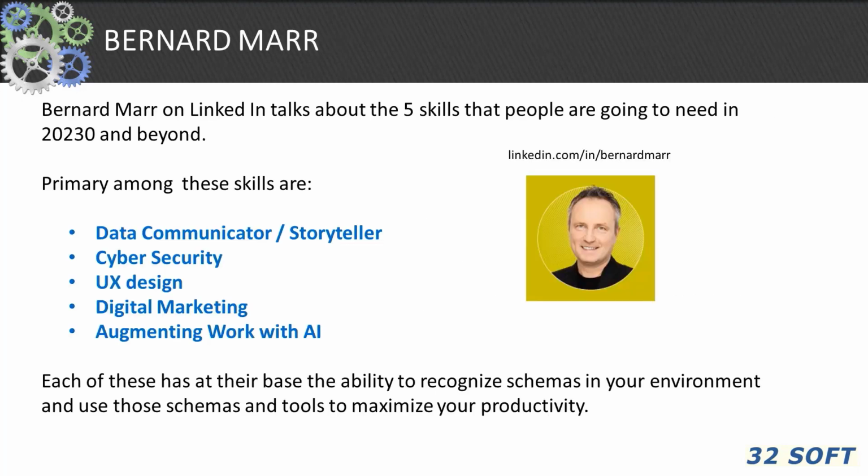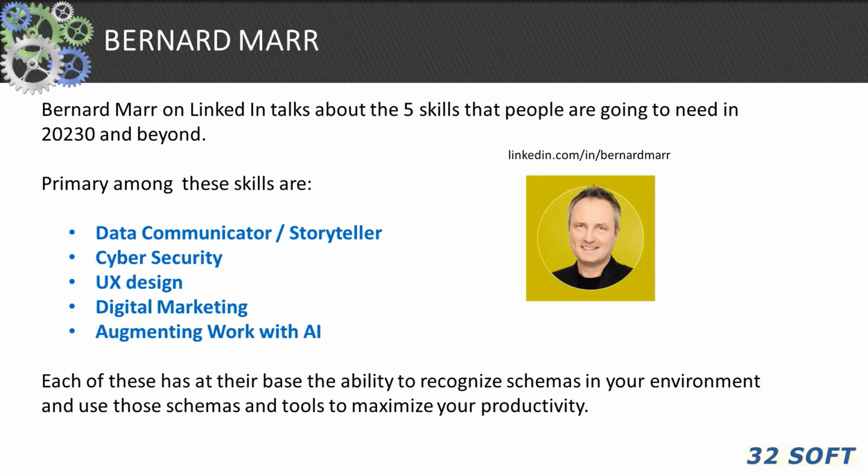Bernard Marr on LinkedIn, one of my favorites, talks about 5 skills that people are going to need in 2023 and beyond. Primary among these skills are the ability to communicate data, that is, be a storyteller. You should have skills in cybersecurity, in user experience design, digital marketing, and finally, augmenting work with artificial intelligence.